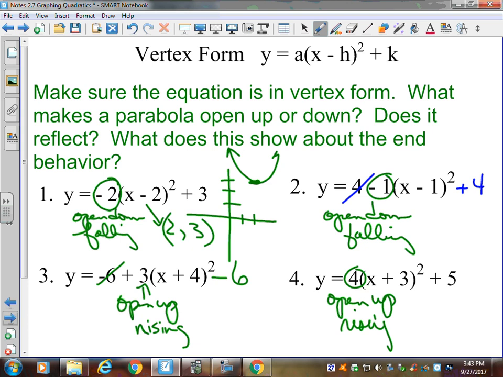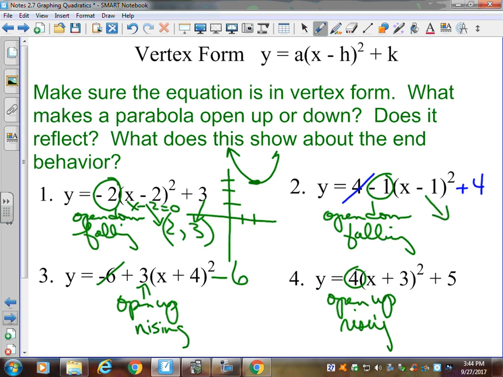Well, first of all, if it's in a grouping symbol, it always sets it equal to 0 and solves. And if I solve that, I'll get positive 2. And then it just takes the number from the end because it's not in a grouping symbol and uses it the way it is. So because of that, your grouping symbols always make it do the opposite. So this one just went to the right 2, and that's how that x minus 2 did that.